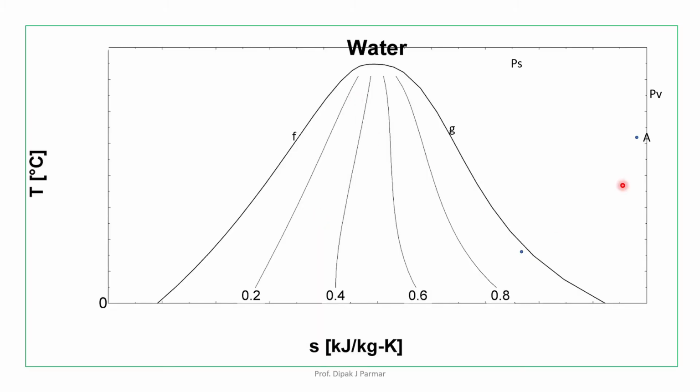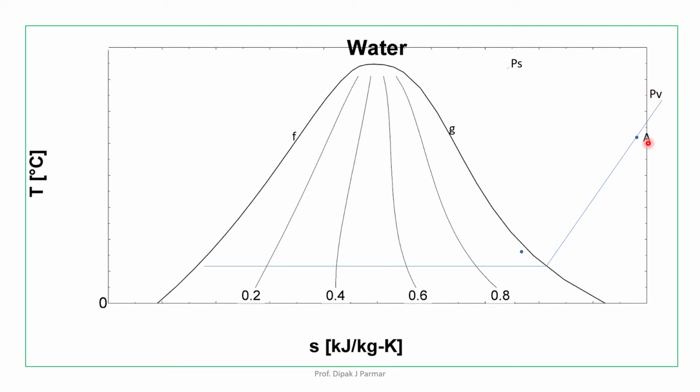Again, we have a TS diagram in which I have a point A. So A is a superheated state of water vapor in unsaturated air, and its partial pressure is PV.